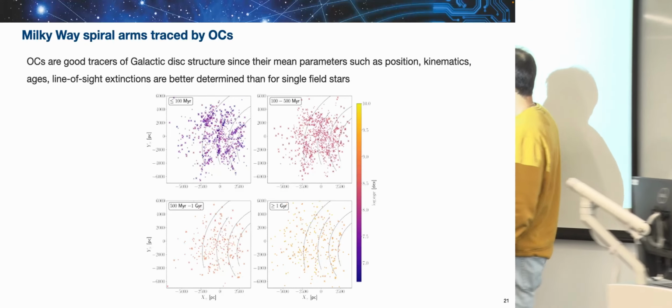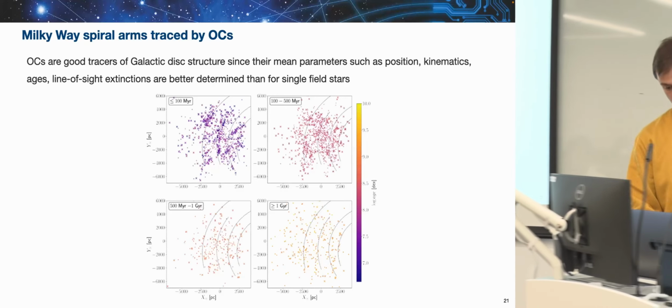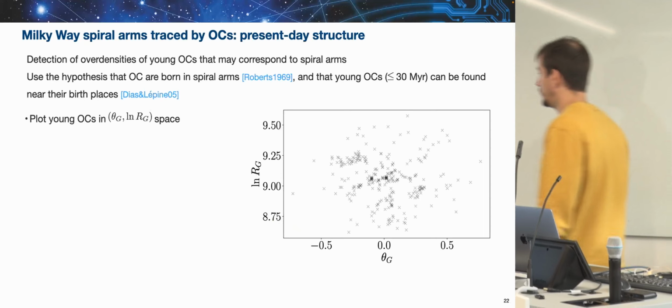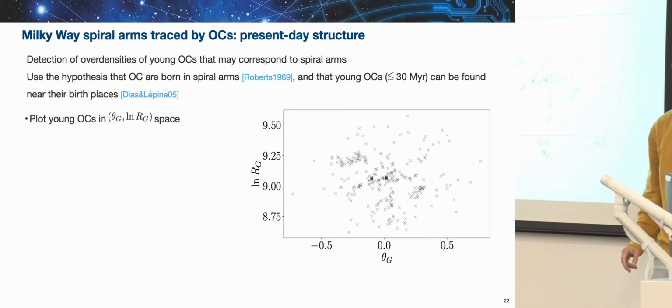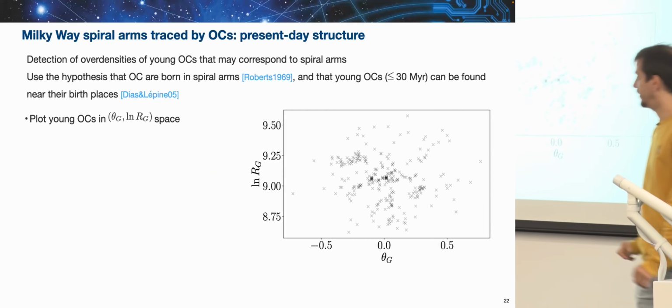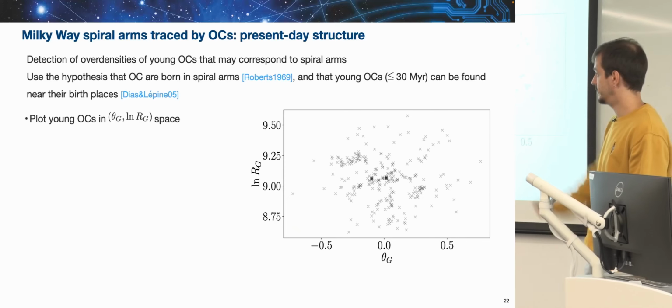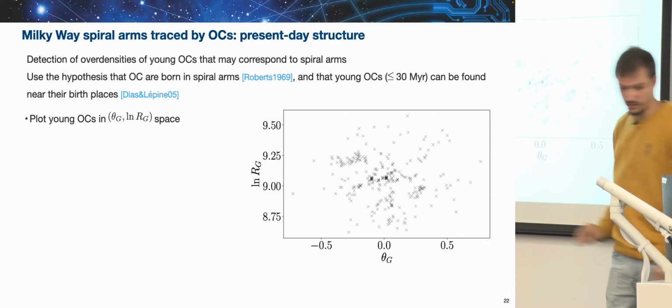So now we focus on this, and we try to characterize these overdensities and relate them to spiral arms. We plot the very, very young clusters, meaning 30 million years or younger, in galactic azimuth and galactocentric radius, and we still find these overdensities.